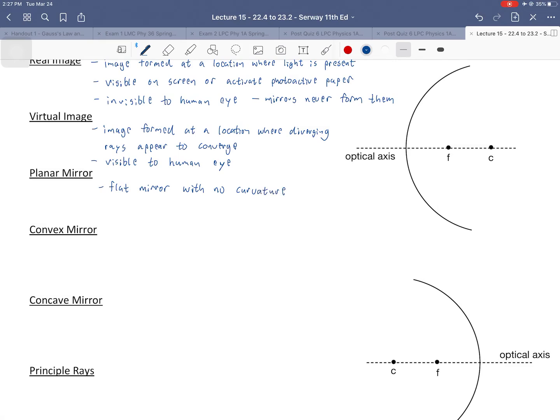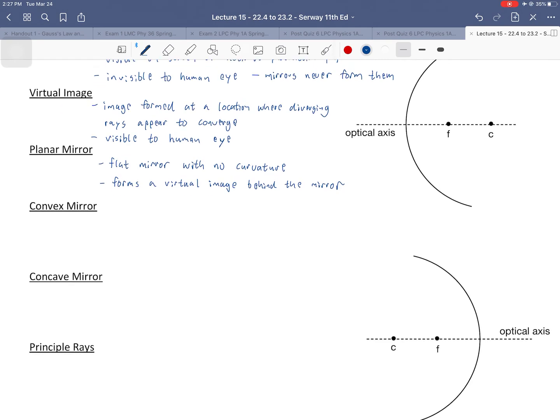And this type of mirror forms a virtual image behind the mirror that is equal distance behind the mirror as the object is in front of the mirror. And the equal distance part I will call attention to in the formula below.